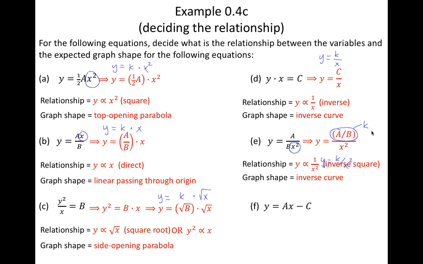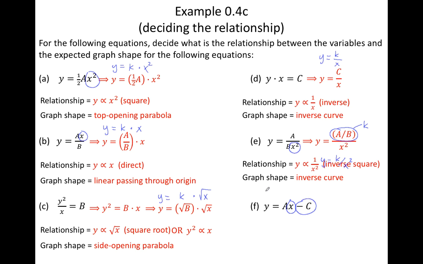In part F, the equation shows that x is located in the numerator, and it also has no exponent. So that will mean that it's either a direct or a linear relationship. And this one's going to be a linear relationship because of the subtraction of this constant. Direct relationships don't have a plus or a minus in them.